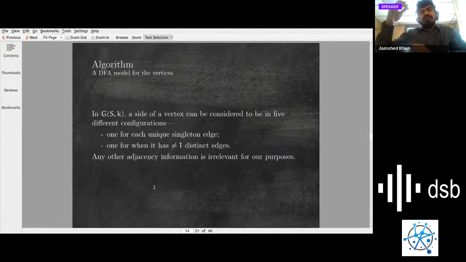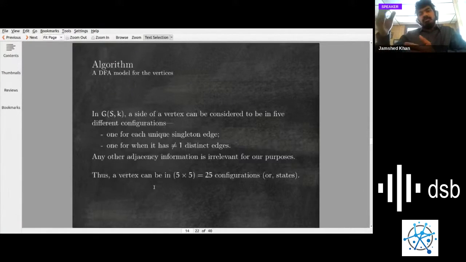Otherwise, this side has multiple incident edges, and there can be a bunch of scenarios like that. We group all these scenarios into one configuration. So a side of a vertex can be in 5 different configurations: 4 for each unique possible edge, and 1 for all the rest of the cases. In this way, a vertex can be in 25 different configurations, since a vertex has 2 sides and each can be in 5 configurations. We call each of these configurations states.